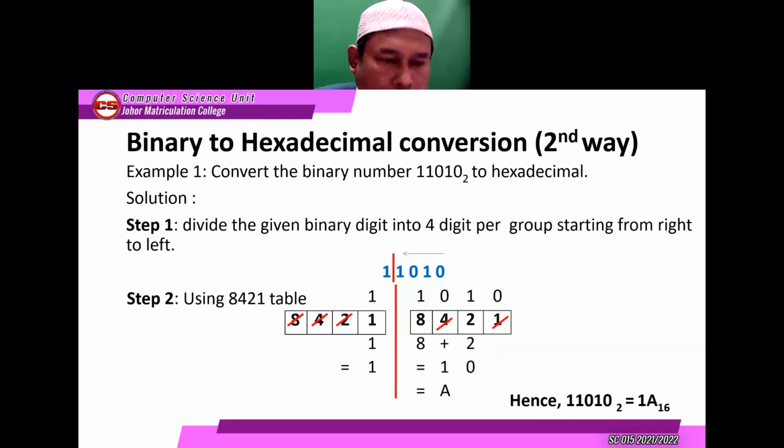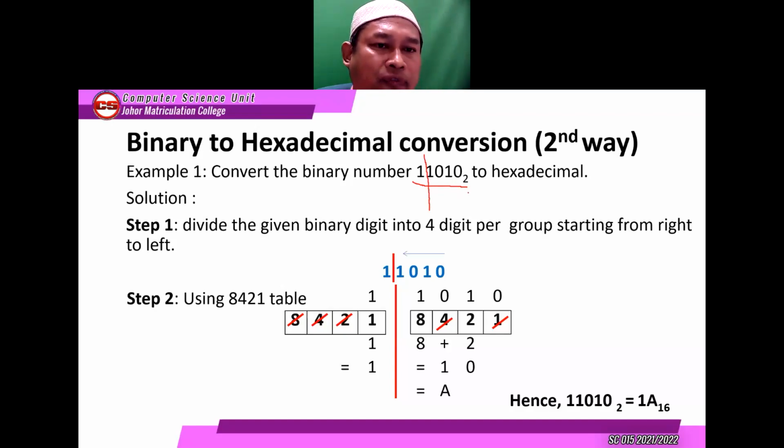And now this is the second way to convert binary to hexadecimal numbers directly. So you can convert from binary to hexadecimal numbers directly. So how to convert directly from 11010 in binary numbers to hexadecimal, you must split into groups of 4 digits first.